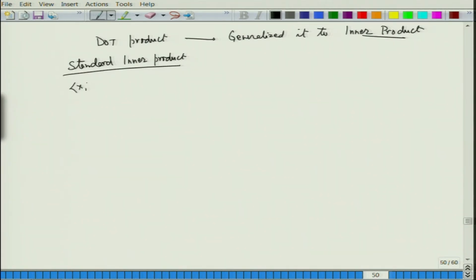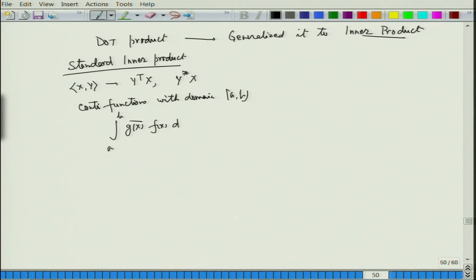If I want to look at the inner product of x and y, it was y transpose x if it was real, and y star x if it is complex. Similarly, if I am coming from continuous functions with domain [a, b], then I can look at the integral from a to b of g(x) bar f(x) dx, where I am looking at the inner product of f and g.